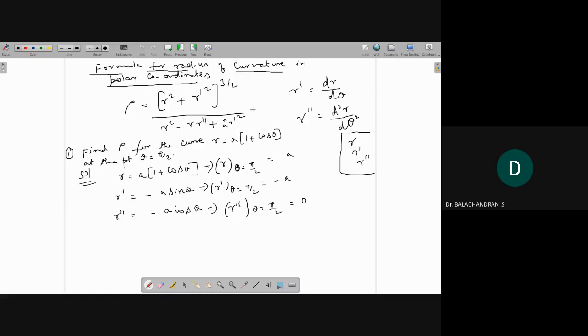So you should remember this formula. Again, this formula is coming from the first formula, but the proof is a little bit lengthy, so that's why I avoid the proof here. Where r dash is equal to dr by d theta and r double dash is d square r by d theta square.